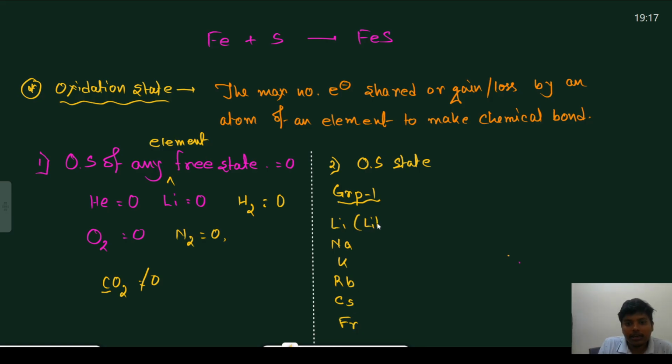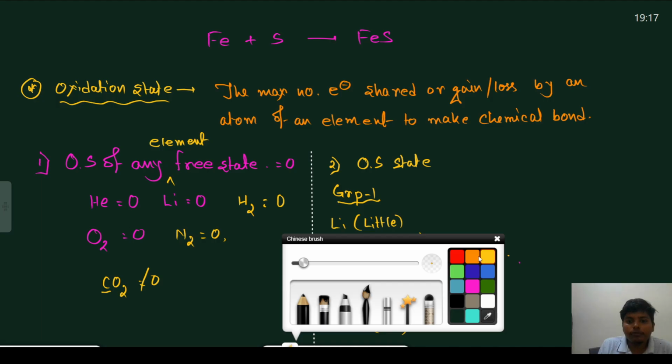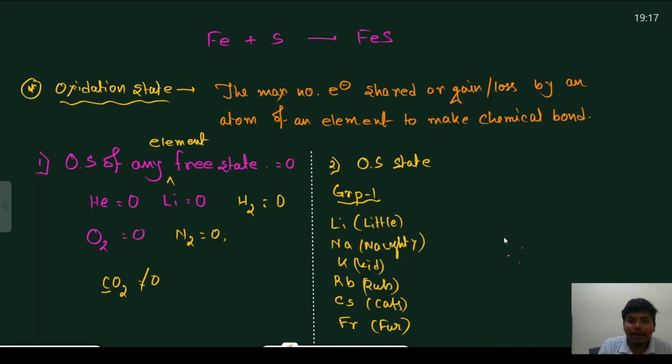Remember like this: little naughty kid rub cat's fur. Okay, all of them, when they are in a compound, the group 1 oxidation state will be +1.